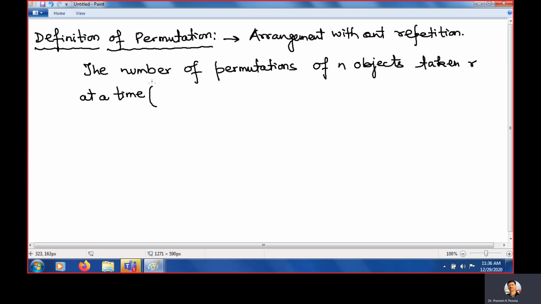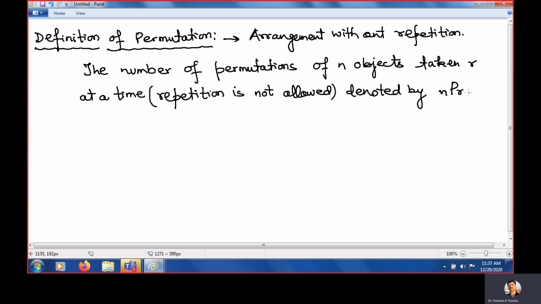And listen, repetition is not allowed. Repetition is not allowed means if you have chosen one object, then you cannot choose that object again. Okay? Denoted by nPr. Clear?